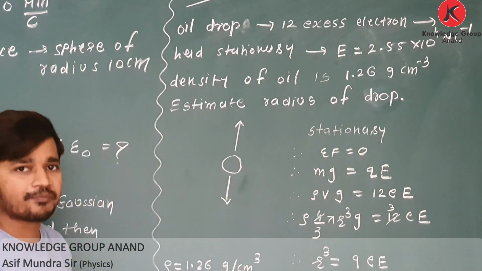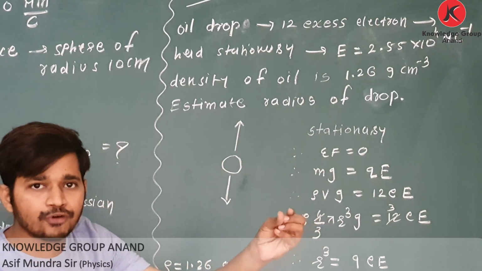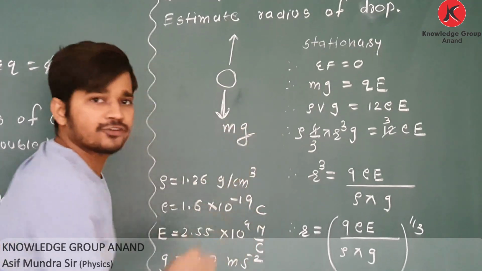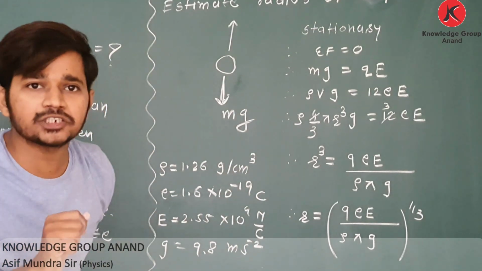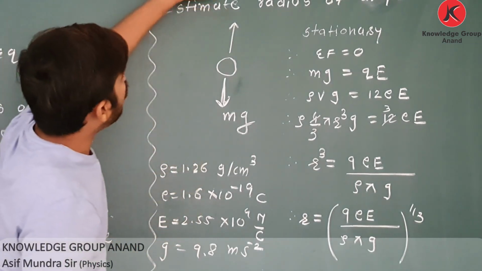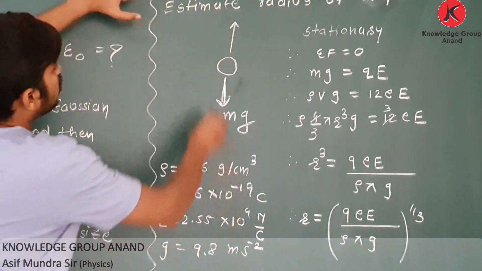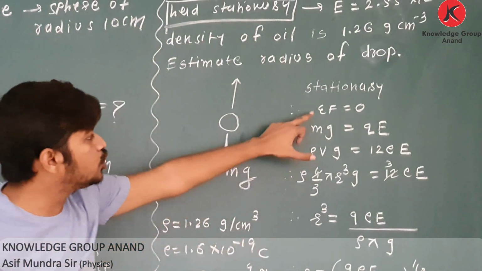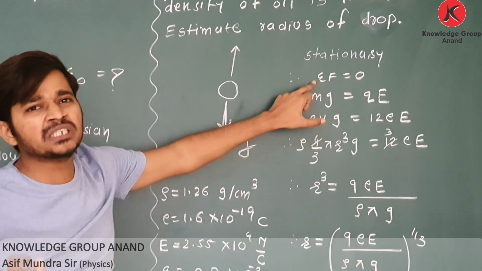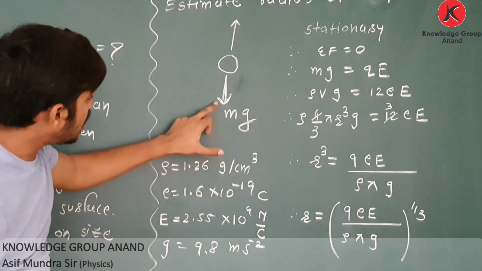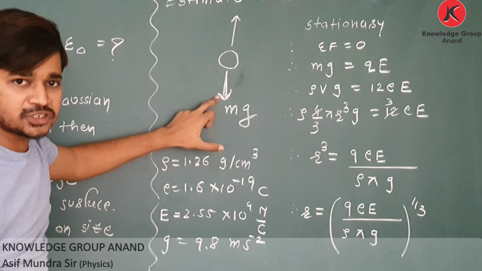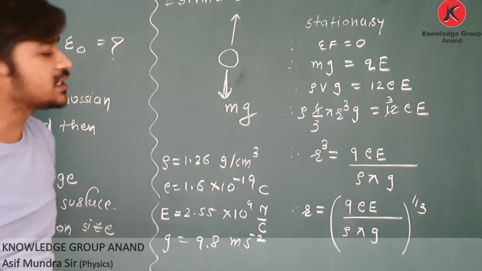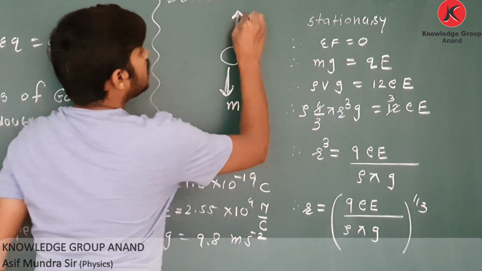How to estimate the radius of the drop? See, if we have one drop of oil, first, the force acting on it due to its mass is the gravitational force, that is always in the vertically downward direction. But you are given an oil drop having 12 excess electrons held stationary. Held stationary means the total force acting on it must be 0. So if one gravitational force is acting in the downward direction, there should be one more force acting in the upward direction.